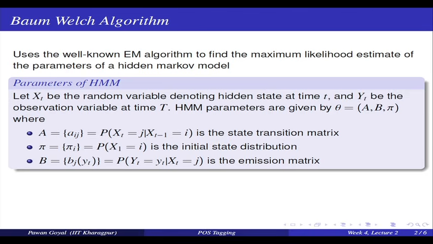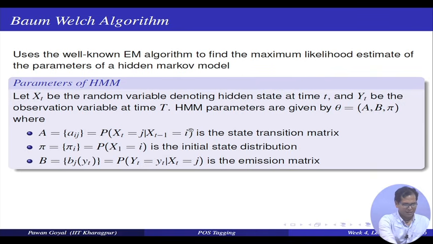The parameters are A, B, and pi that we discussed last time. What is A? A is my state transition matrix. Given that the previous state was i, what is the probability that the current state will be j? Here the T as such does not matter.